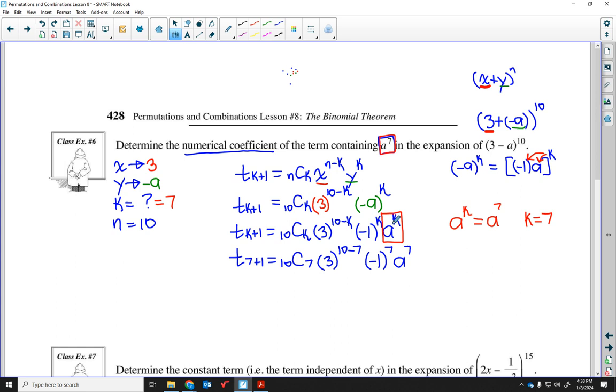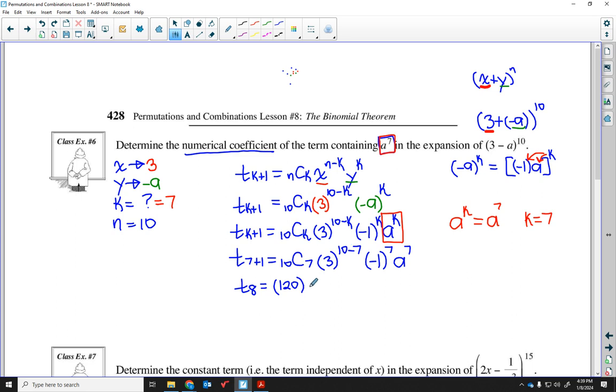Note that by plugging in k equals 7, I'm going to have a term that has a to the power of 7 in it. Let's simplify. This is actually term 8 if k is 7. 10 choose 7 has a value of 120.